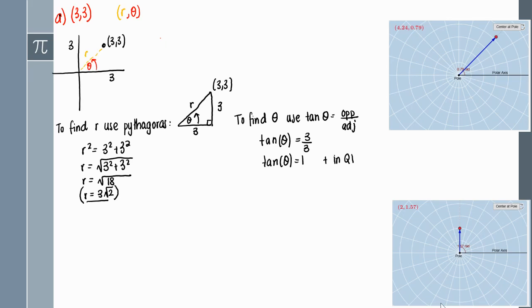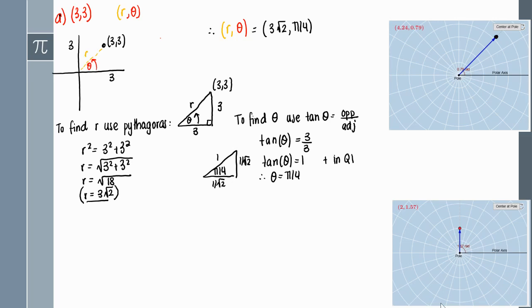And we know, either using your general knowledge or your identity triangle, that theta must be pi on 4 for tan theta to equal 1 in the first quadrant. So 3, 3 in polar coordinates is equal to 3 root 2, that's the direct distance from the origin, and my angle is pi on 4.